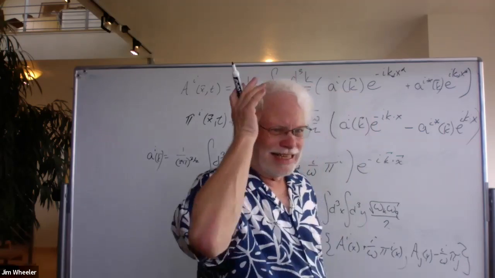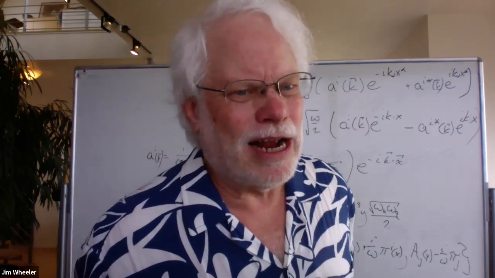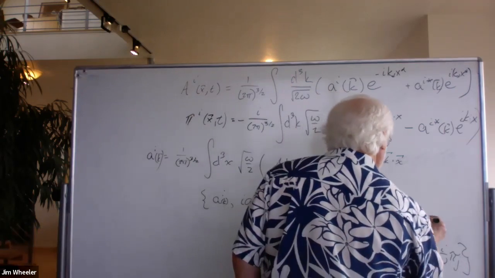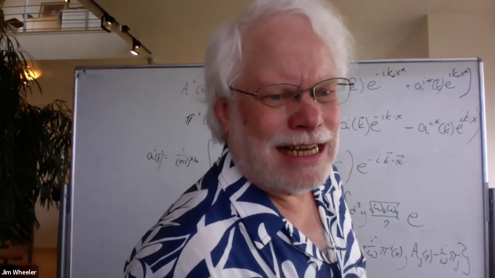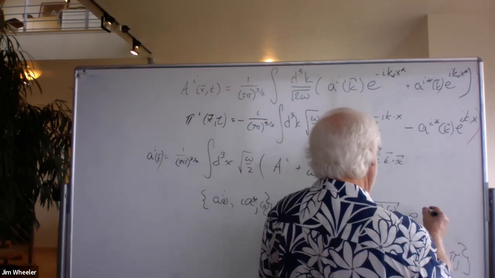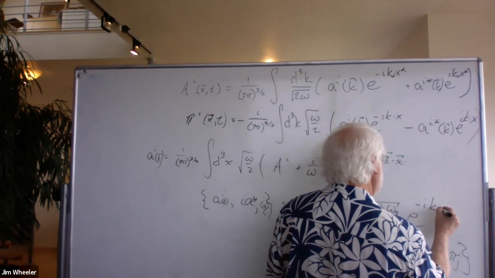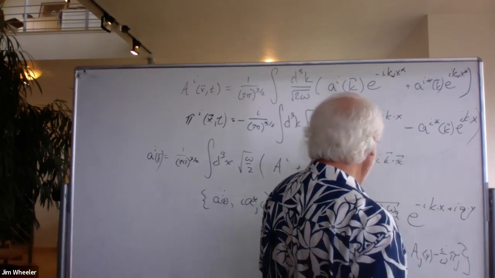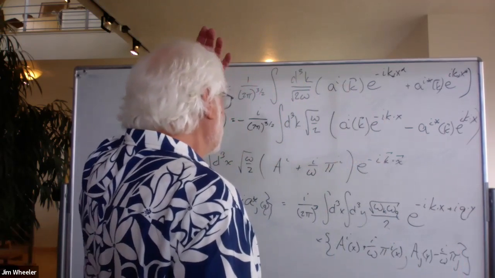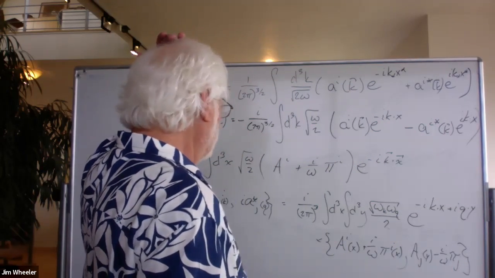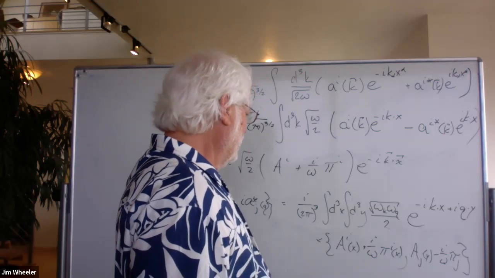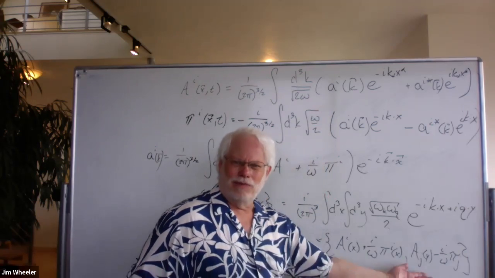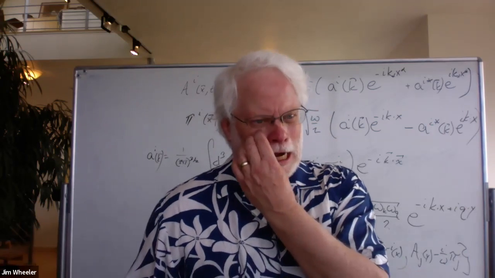So those are the things that satisfy a Poisson bracket. And then we have exponentials e to the minus I k plus I q minus I k dot x plus I q dot y, like that. And let's see, do we have any other integrals? Yeah, okay, so we're going to get some integrals and delta functions from this Poisson bracket.